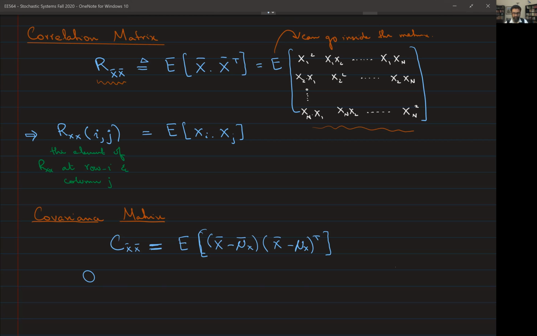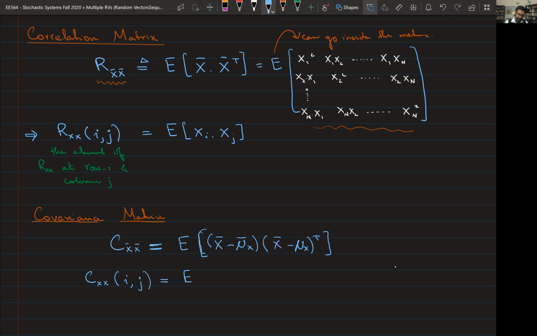All right. So I think what Mohsin was referring to was what would C_xx ij be? So I think he was saying that this is going to be equal to the expected value of xi minus mu i times xj minus mu j, right? So it's actually the covariance between the random variable xi and the random variable xj.